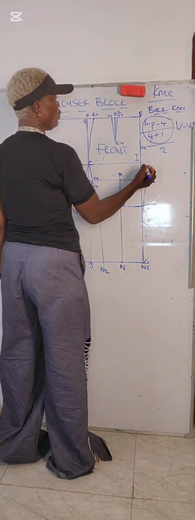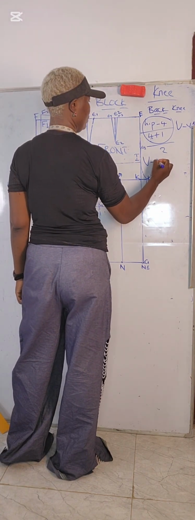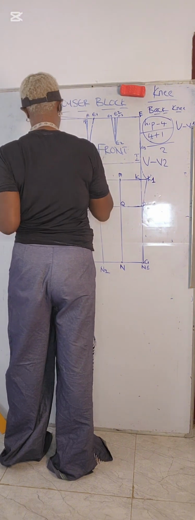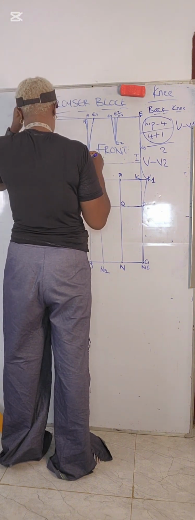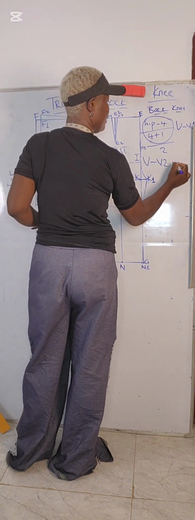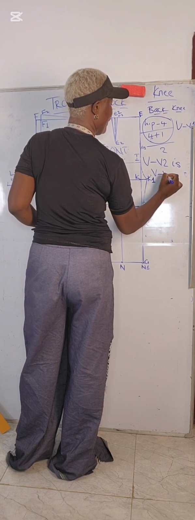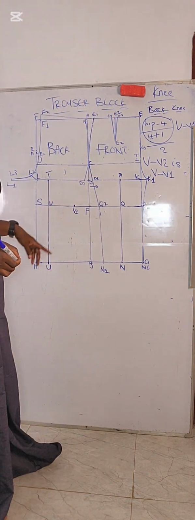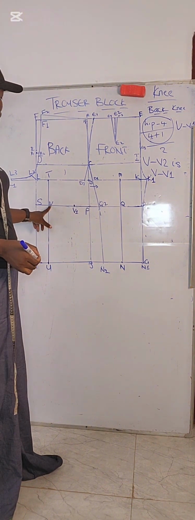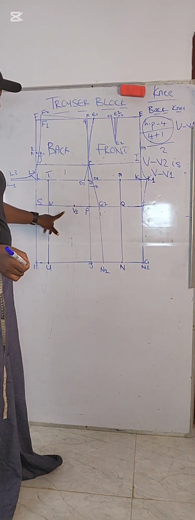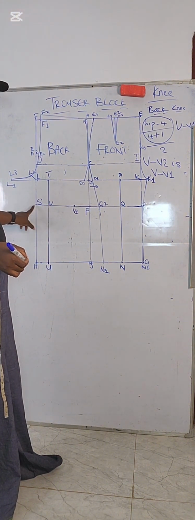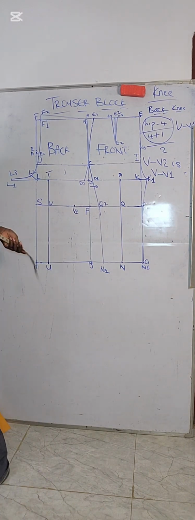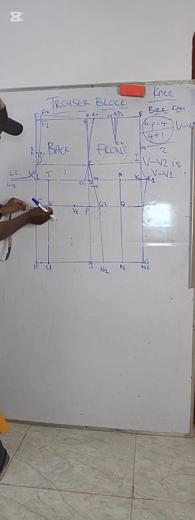V to V2 is V to V1. So that means anything you get from V to V1, you come here and input it on V to V2. So now this is V to V2.